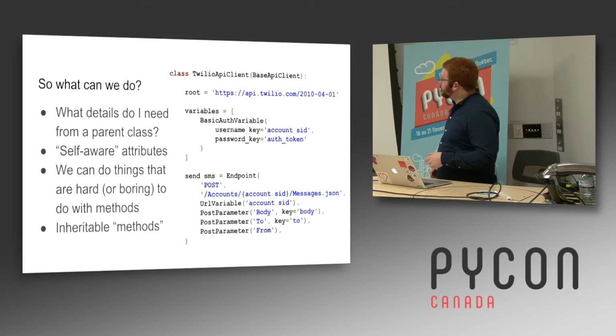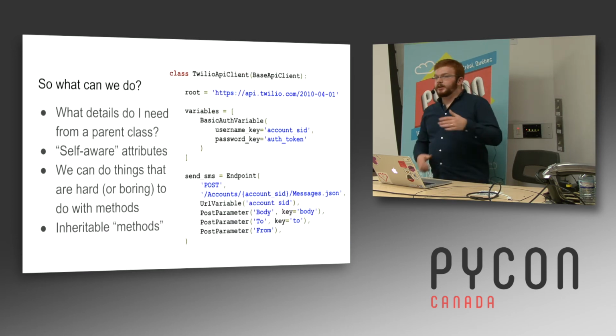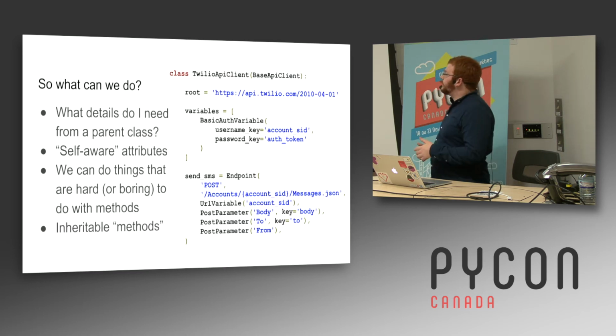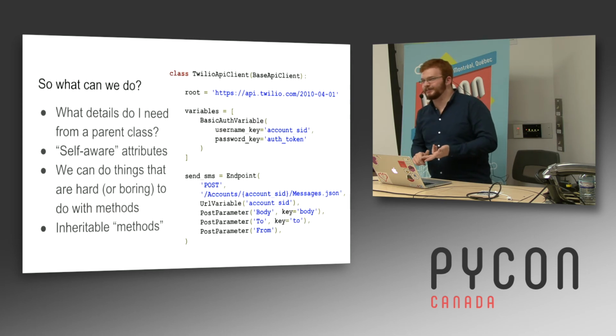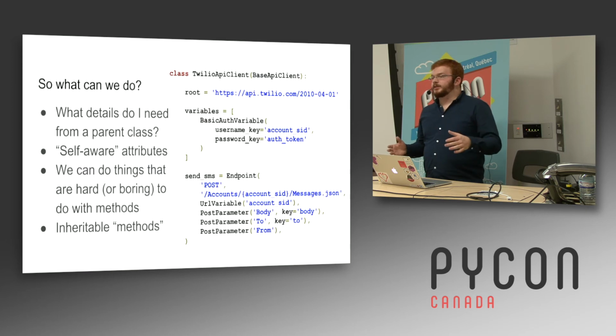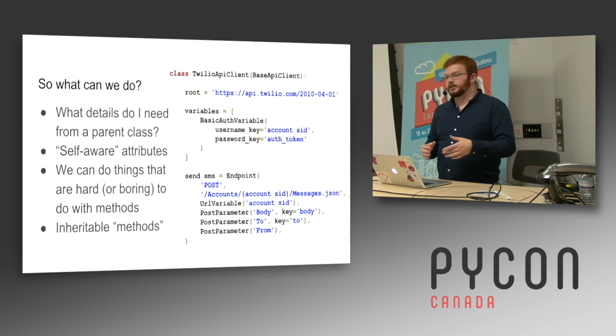So what can we do? Well, the example we're going to go through here briefly today is we're going to implement a descriptive API, HTTP API client. Now, a lot of people in this room have probably used requests, and they've done requests.get, requests.post to use external resources, and that's pretty well and good. But typically, there are only a few different things you're going to be doing when you're building an API client for any particular service.